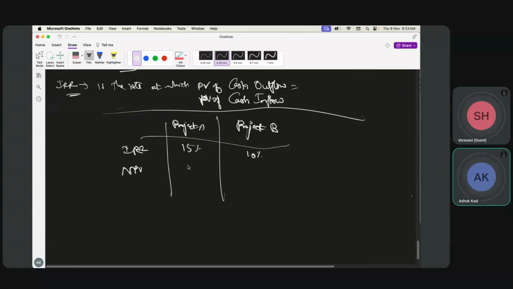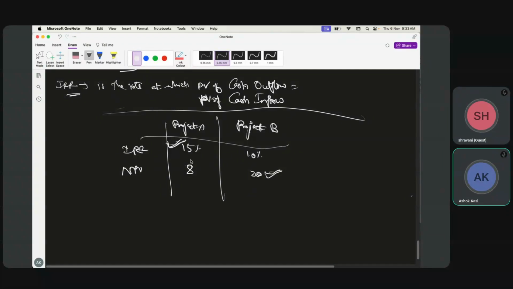NPV is 8 rupees, 20 rupees. Now tell me which project will you select? It is mutually exclusive. That means only one you can select. If you go by IRR, this makes sense. If you go by NPV, this makes sense. So now what will you select?